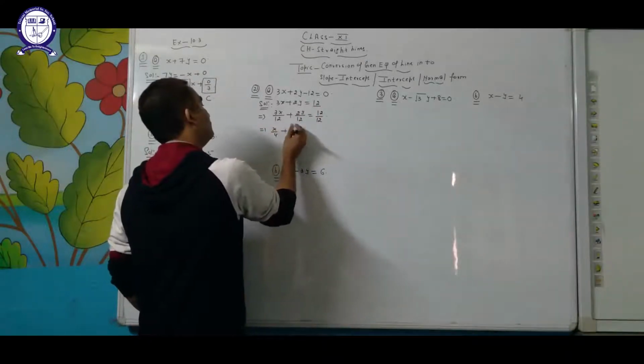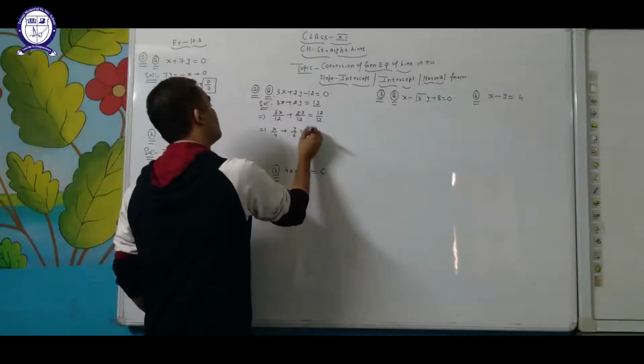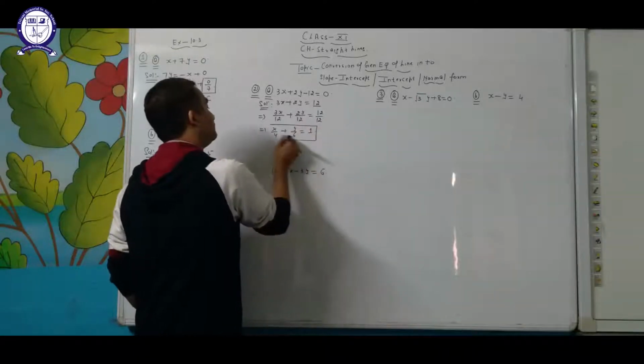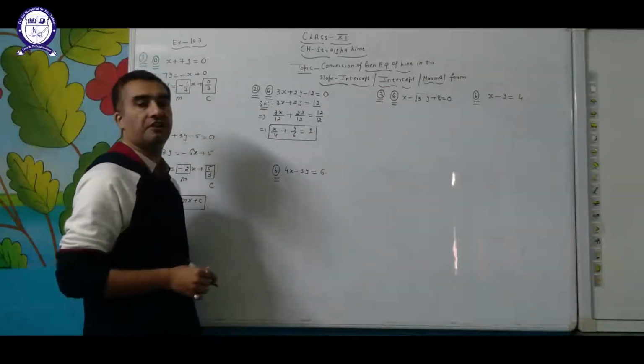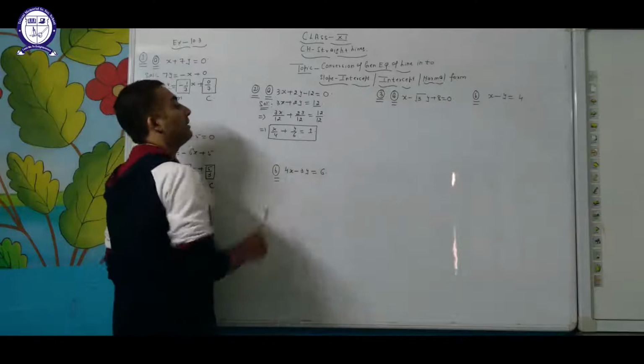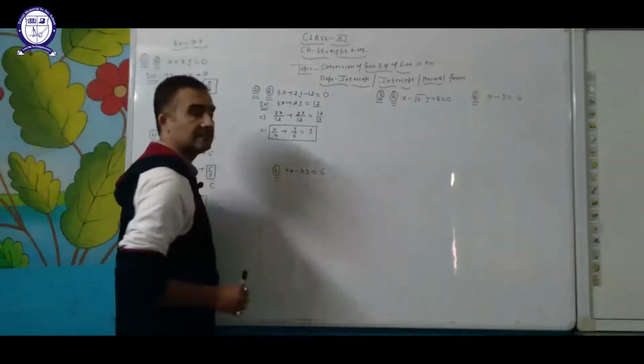X upon 4, y upon 6 is equal to 1. As you know, intercept form is x by x intercept plus y by y intercept is equal to 1. You can see the x intercept is 4 and the y intercept is 6.